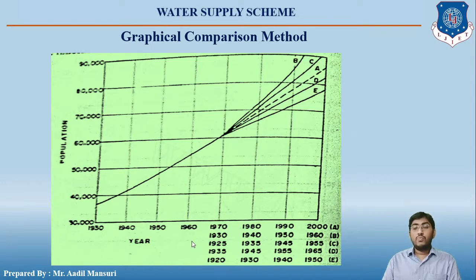Thus, as shown in the figure, the population of city A under consideration is plotted up to 1970, at which the population is 62,000. For city B it was 62,000 in 1930, and its curve is plotted from 1930 onwards. Similar curves are plotted for the cities C, D and E, which reached the population of 62,000 in 1925, 1935 and 1920 respectively.